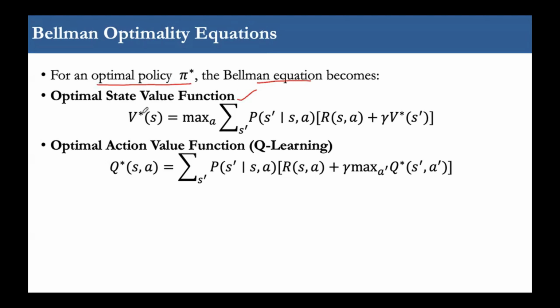It is defined as V star of S is equal to max over A of summation of S dash, the transition function, into the reward plus gamma V star of S dash. Similarly, we can find the optimal action value function, that is the optimal Q learning. It is mathematically represented as Q star of S comma A is equal to summation of S dash, the transition function, the reward plus gamma max over A dash of Q star of S dash comma A dash.